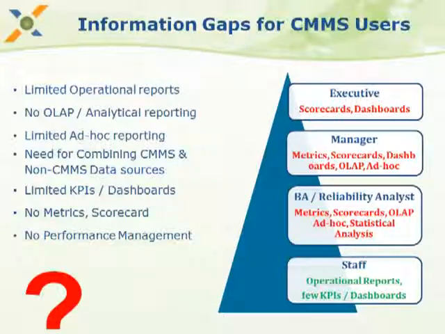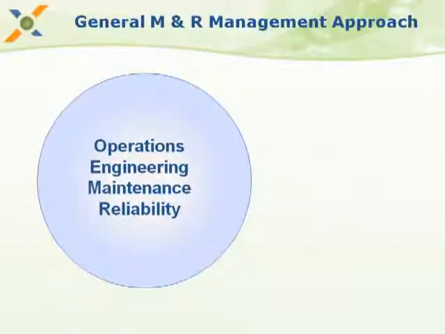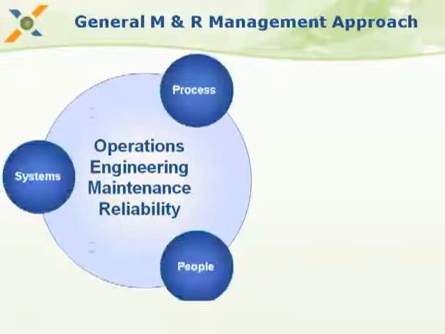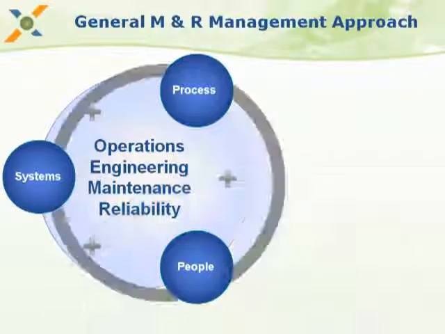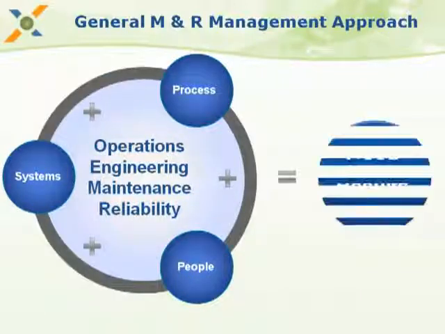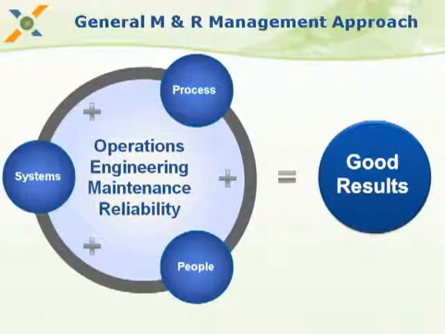All right, so the general approach we have for asset operations, engineering, maintenance, and reliability: for a long time, we have been using this approach where we have systems, process, and people. This is a three-legged stool which combines and gives us good results. This has been practiced in most companies, and given that you all have CMMS, I'm assuming that some portion of this is already in place.